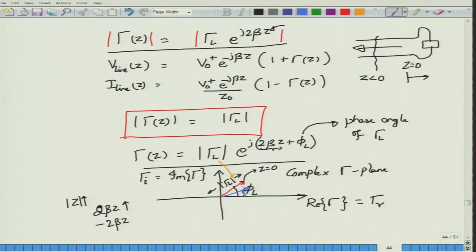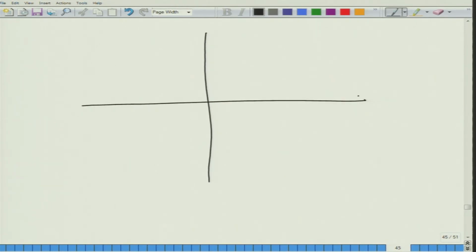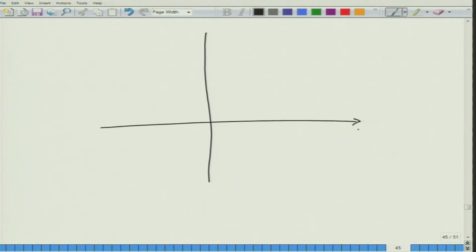Let me expand this particular graph because it is interesting to look at. This is the complex gamma plane, this is gamma r and this is gamma I, and we started off with the magnitude of gamma L at this point with a phase angle phi L. This was at z equal to 0.